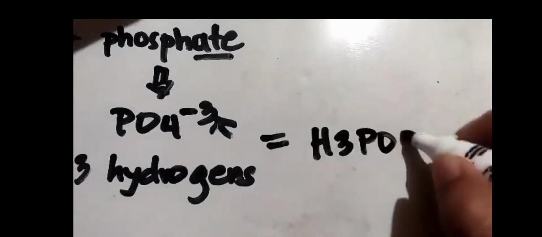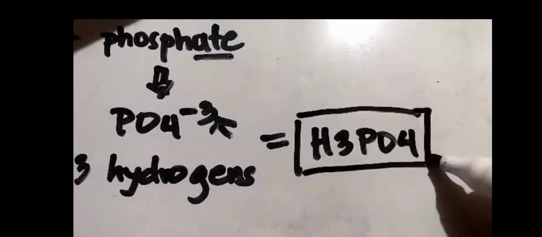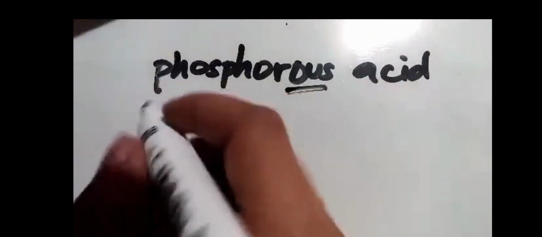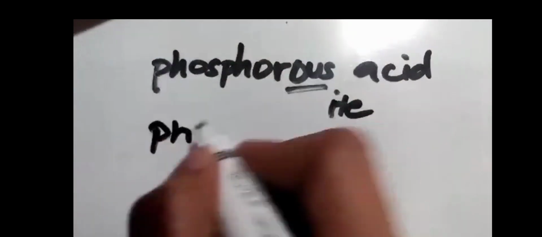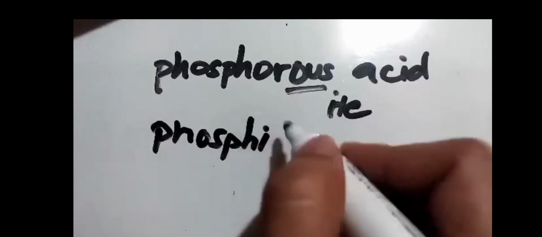Now, here is another example, which is phosphorus acid. Since phosphorus acid is a polyatomic ion, it ends with "ous," so it should be phosphite.